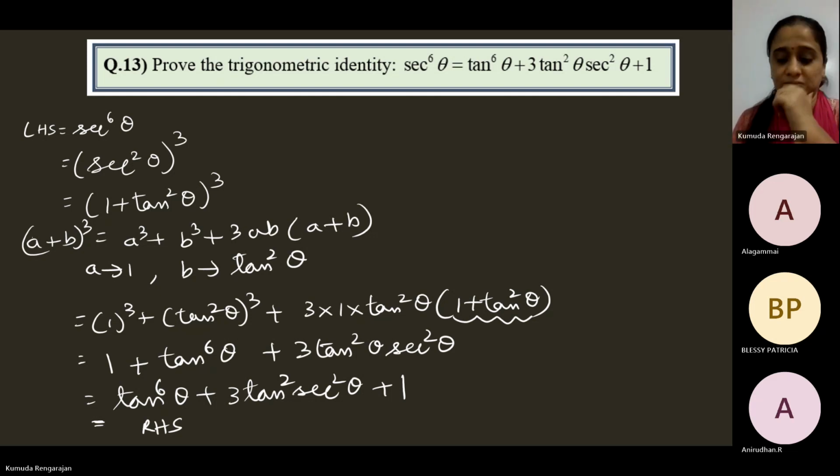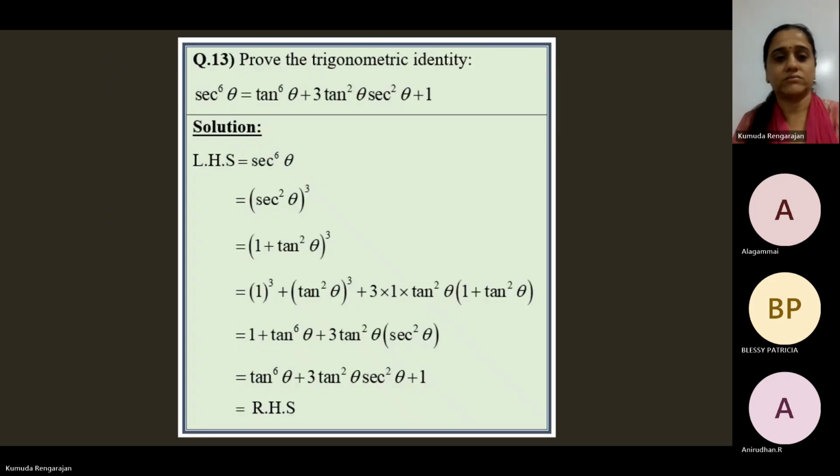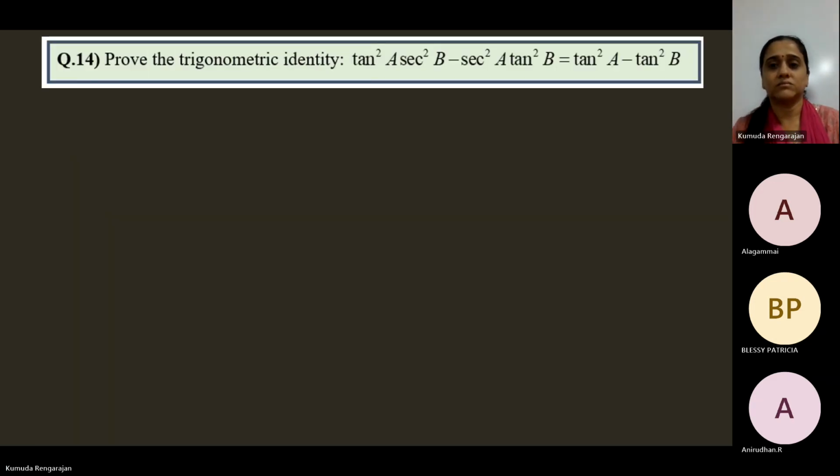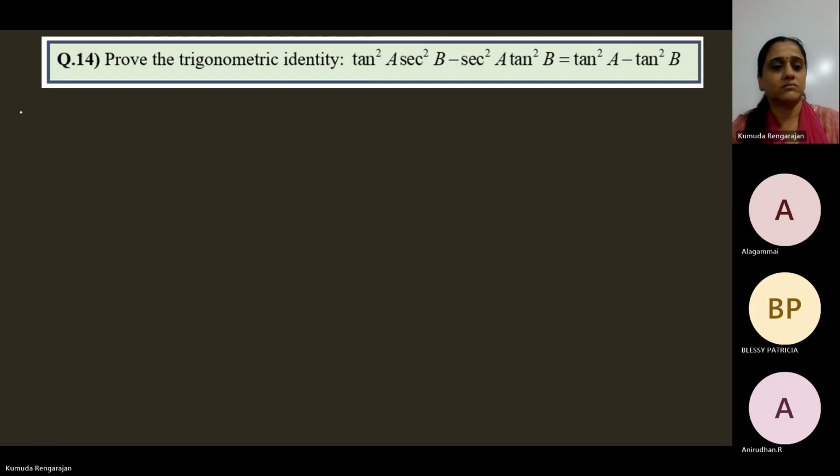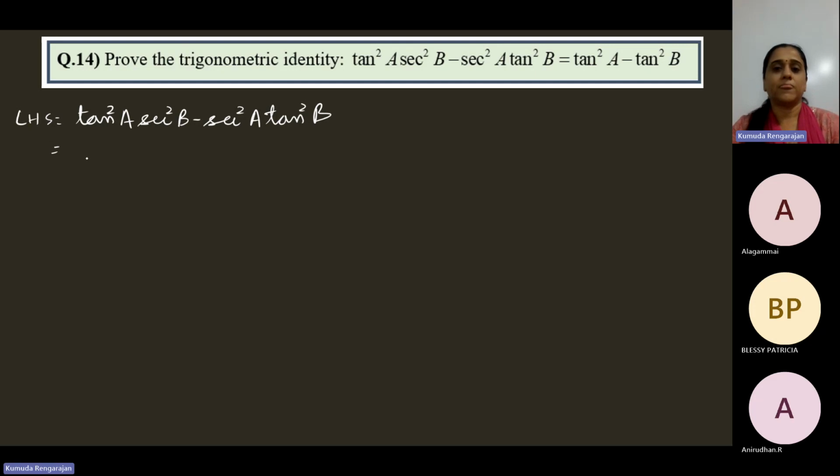Done, children? Yeah. What's not there? Secant is not there. So tell me, what should we do?